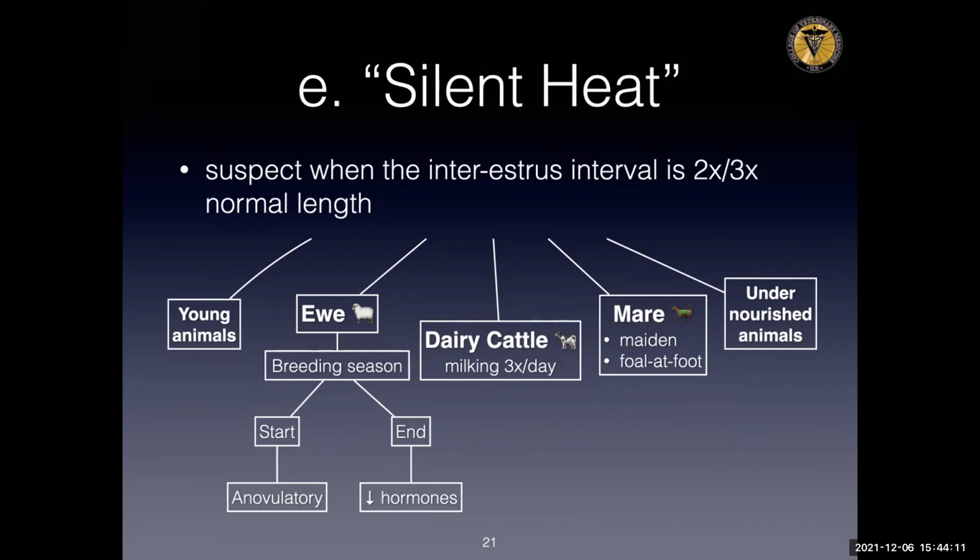For the mares, if they are not totally sexually mature yet, they're just maiden animals, it could be that they're not exhibiting the true heat yet. Foal at foot, meaning that she recently underwent parturition, that's why the first heat was silent. So this is similar to the other farm animals as well.